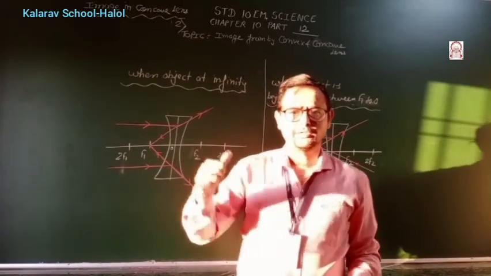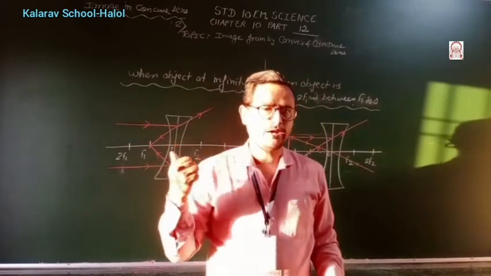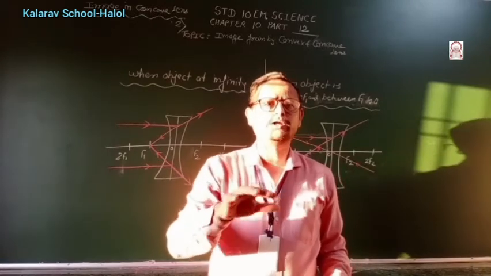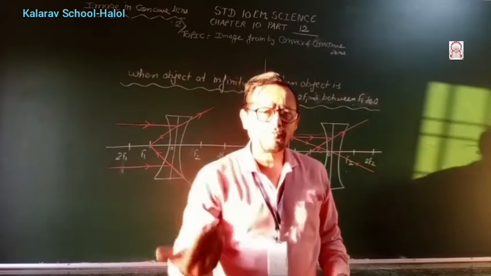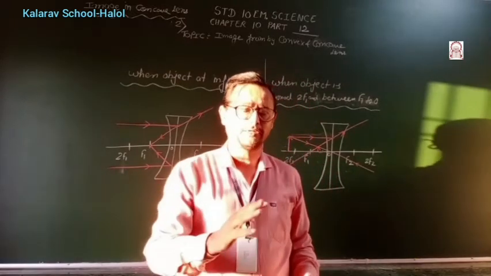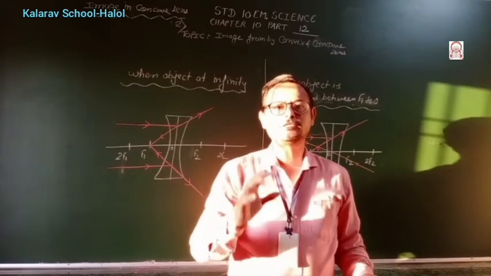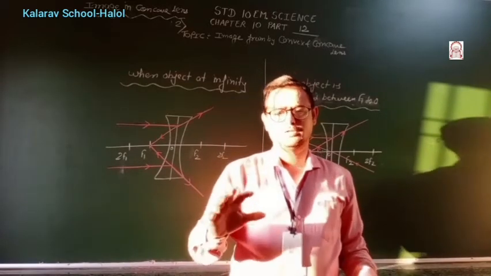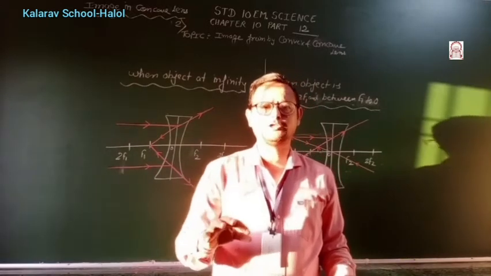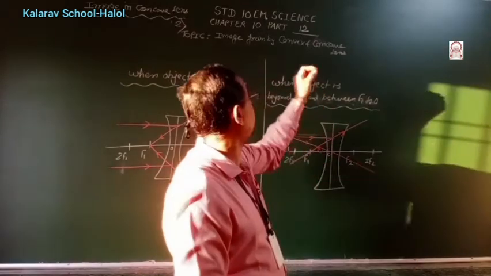One is the lens formula, and I will definitely do a comparative study with you there: what is the basic difference between the mirror formula and lens formula? Second, we will try to understand the power of a lens, and third, whatever remaining sums are there, I will explain to you, and that will be our last lecture, lecture 13.